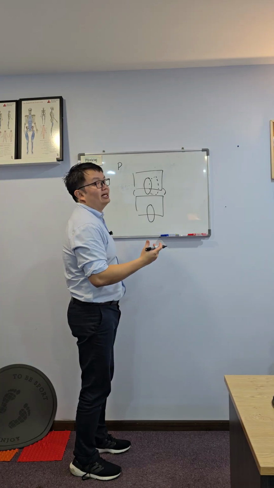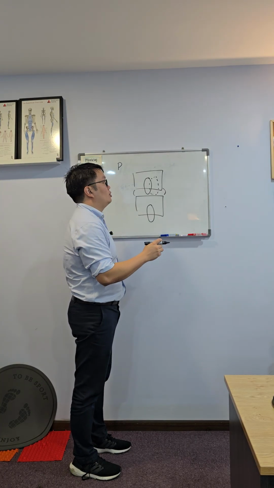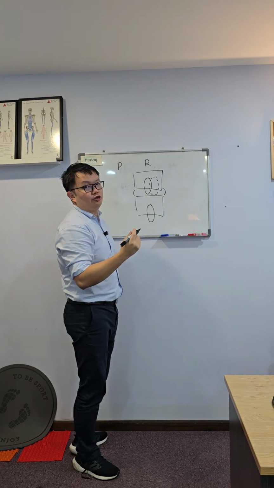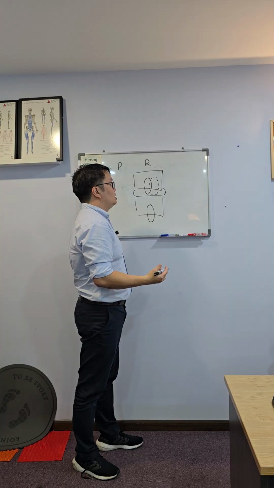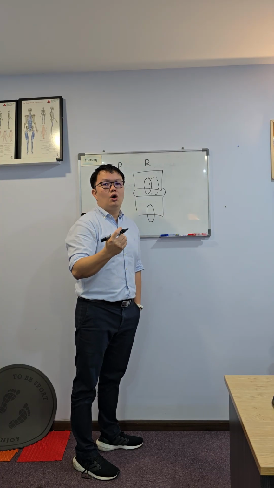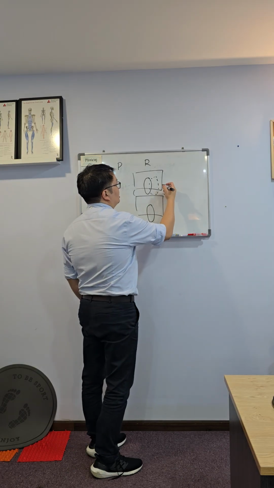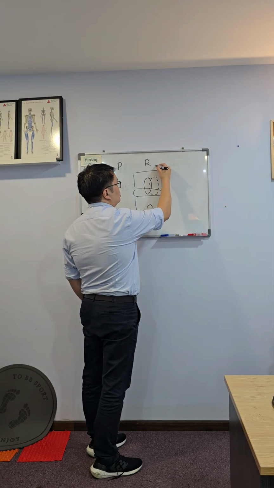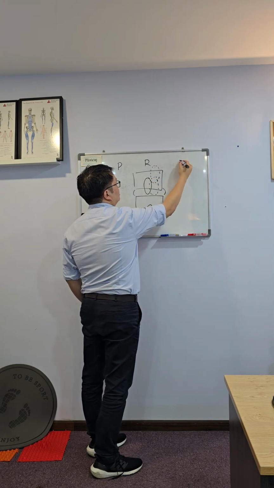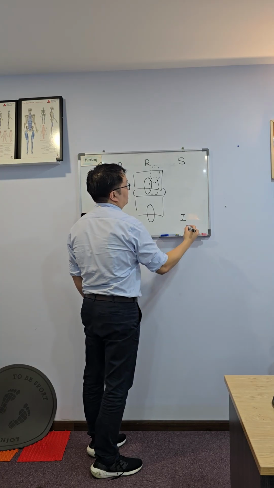But say it is going to the right side on your prone assessment, then we will call this R for right. Okay. Then the next part is you have a superior or inferior. So this particular spinous process can go superior here. So we then go S versus an I.